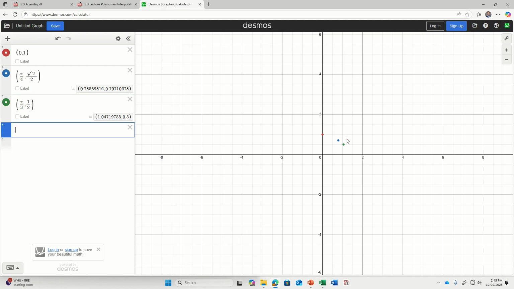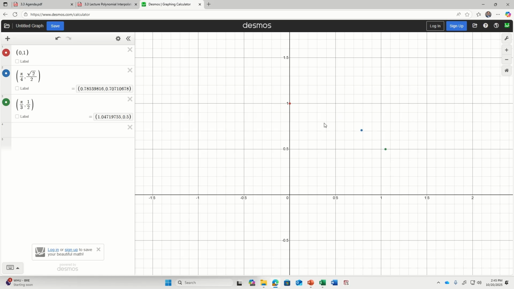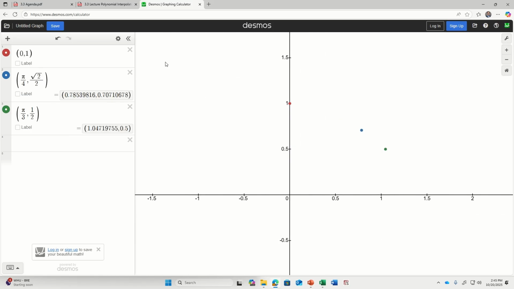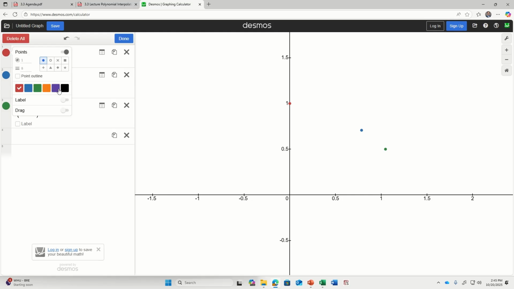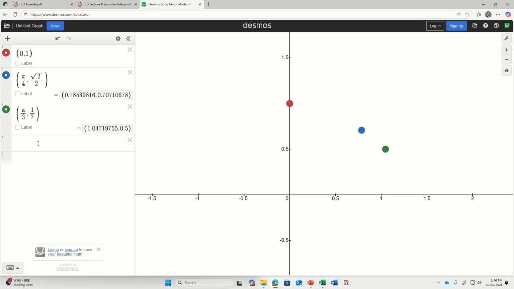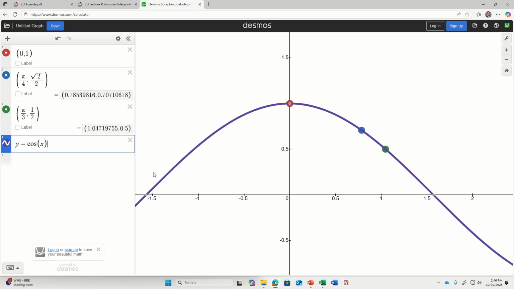Those are the points I'm trying to interpolate. I need to make those bigger. You can hardly see them. You like that. Okay. Obviously, the function I'm trying to interpolate is cosine, so there we go, we've got cosine.